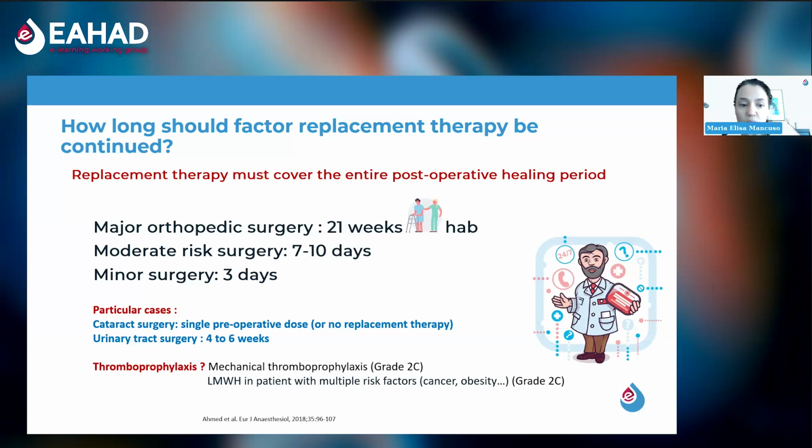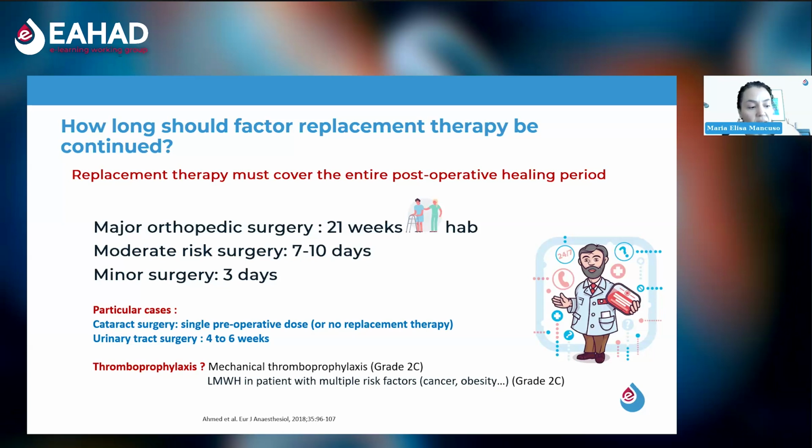And what about thromboprophylaxis, which is the other mainstay for surgeons and anesthesiologists to reduce the thrombotic risk related to major surgery? Usually mechanical thromboprophylaxis is used, with elastic stockings, because it doesn't impinge upon hemostasis.